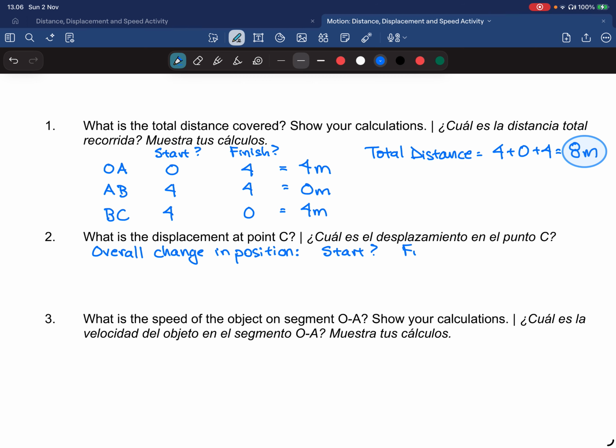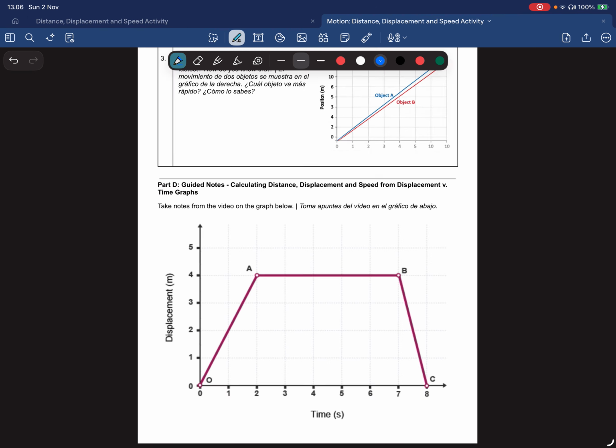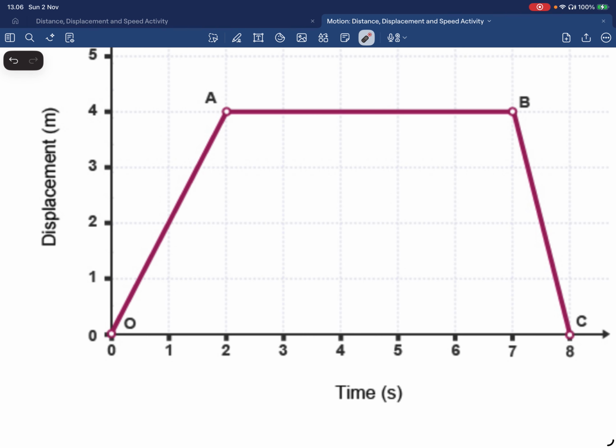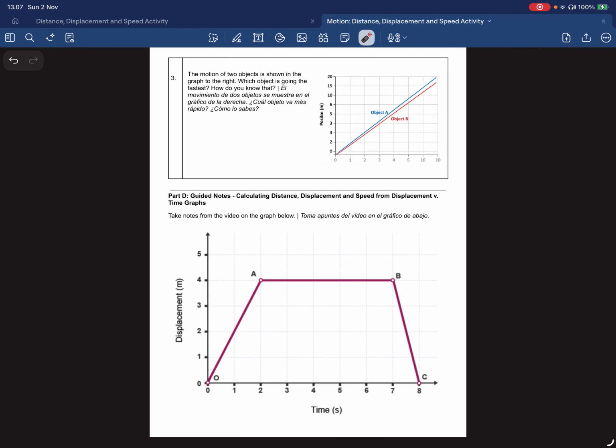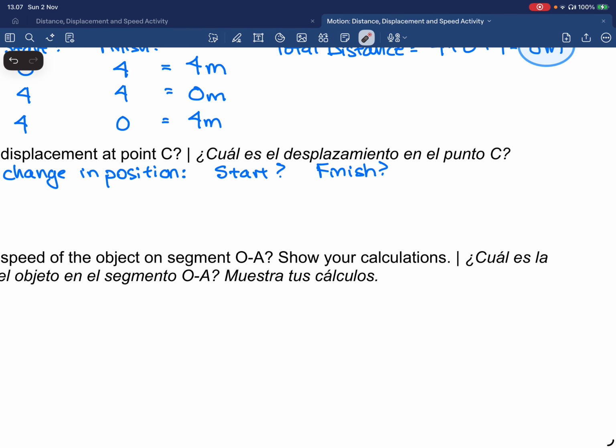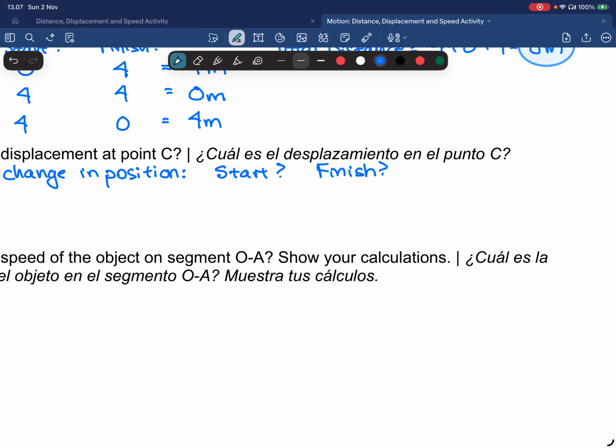Where do I finish? So I go back to my graph. Where do I start? I start at 0. Where do I finish? I finish at 0. Finish at 0 meters. So my displacement is 0 meters.